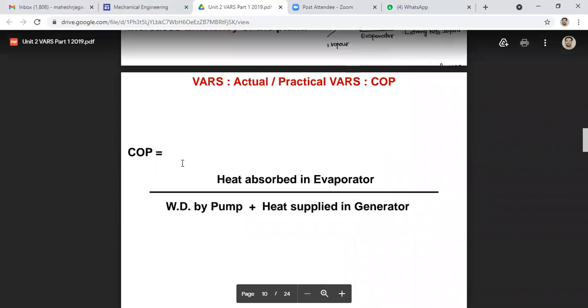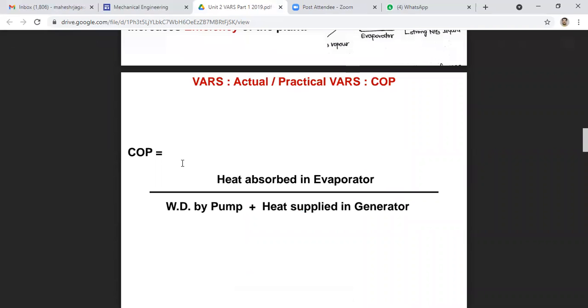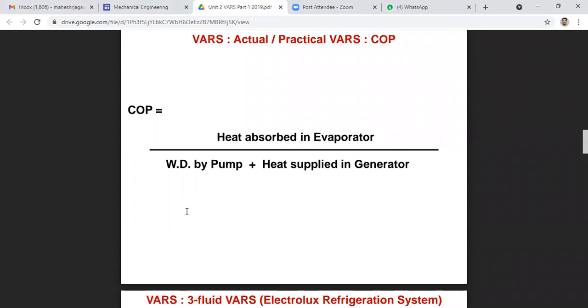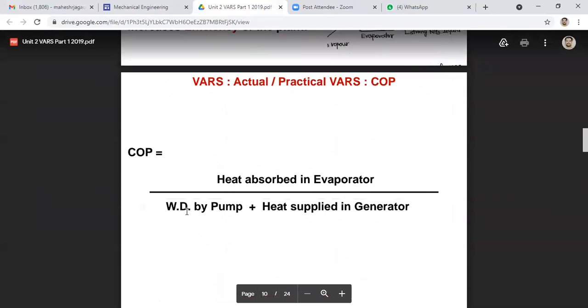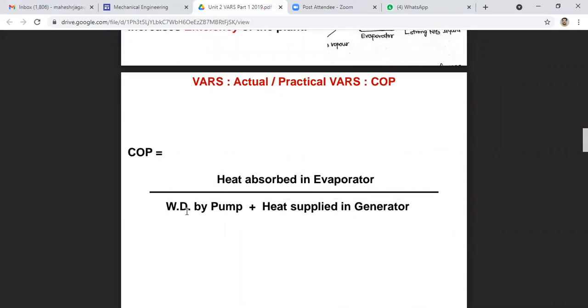So COP of this vapor absorption system is heat absorbed in the evaporator upon the work done by the pump plus heat supplied in the generator. So this is the simple vapor absorption or practical vapor absorption system we have discussed.